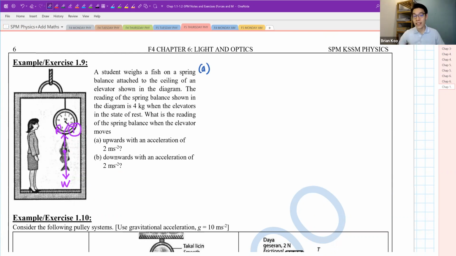If this thing is accelerating upwards, going up, how come it can go up? Is the T stronger or the W stronger? If it's accelerating up, is the T stronger or W stronger?